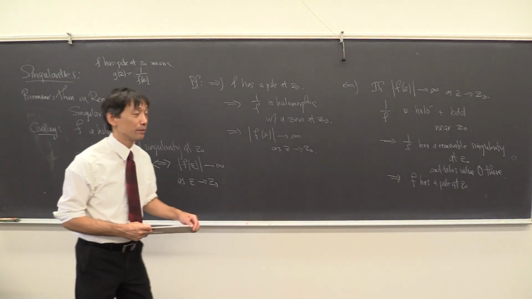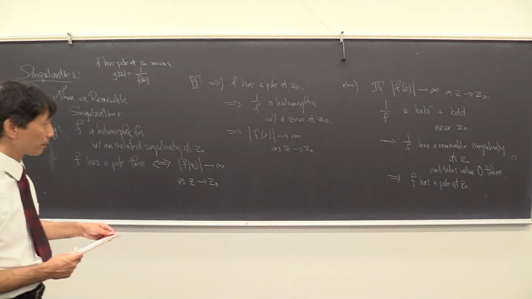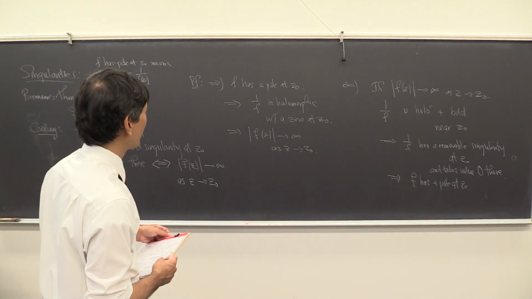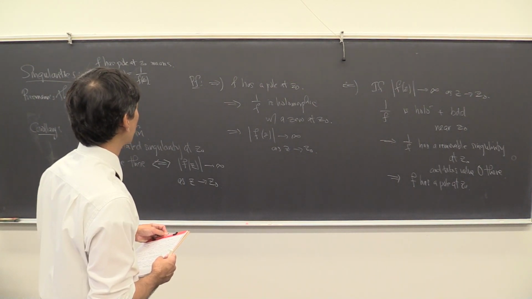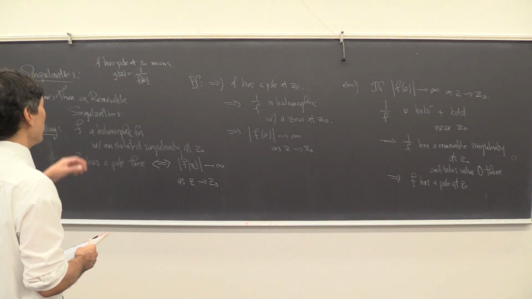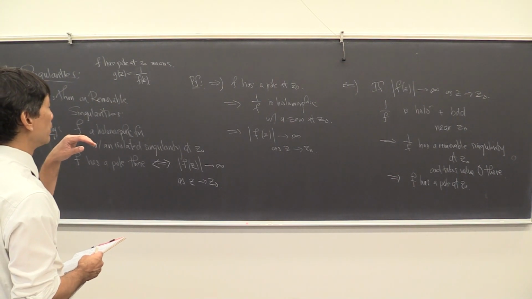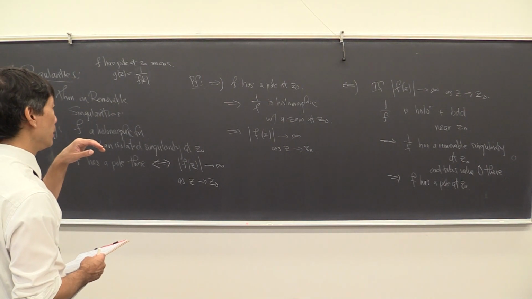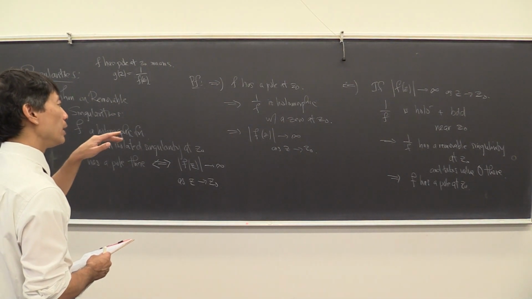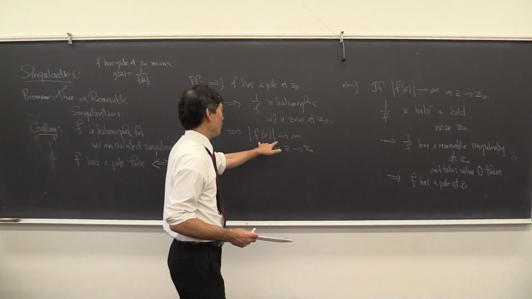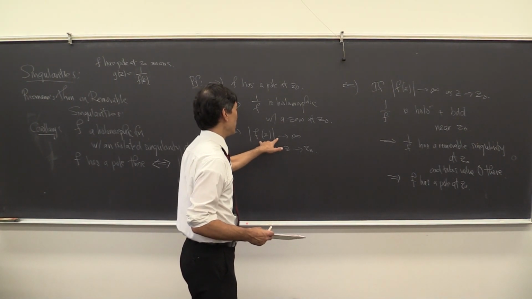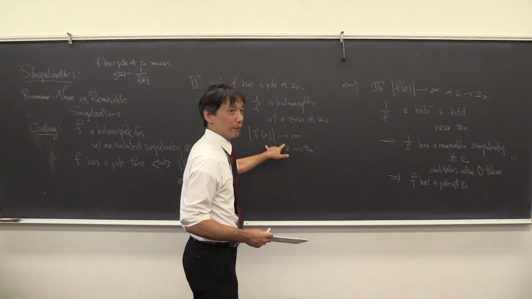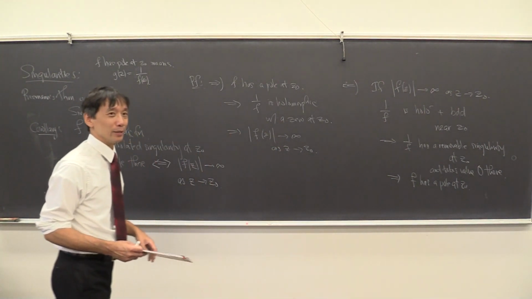Yeah, Jake. Could you also argue in the forward direction that if f was bounded near z naught, then the singularity would be removable and therefore not a pole? Let me think for a second. If f is bounded, but you don't know that it's not going to infinity, it doesn't necessarily follow. It's not quite the same thing.